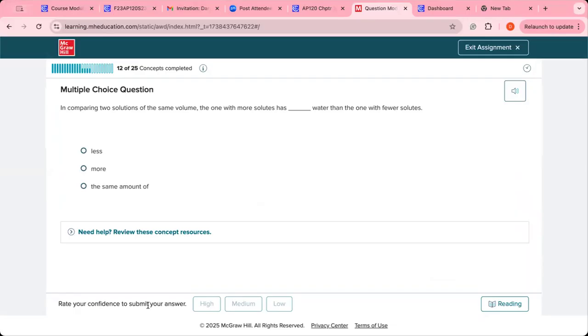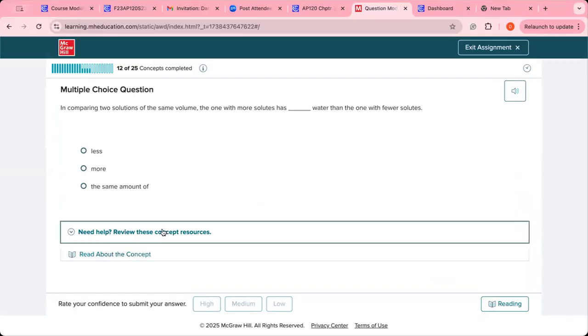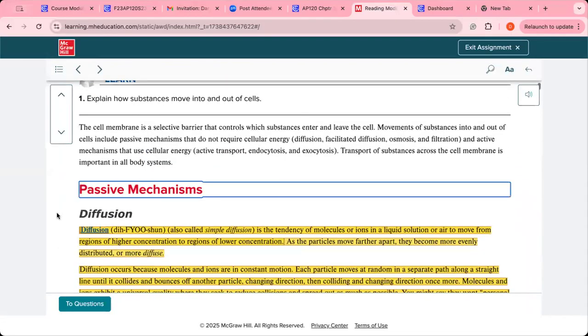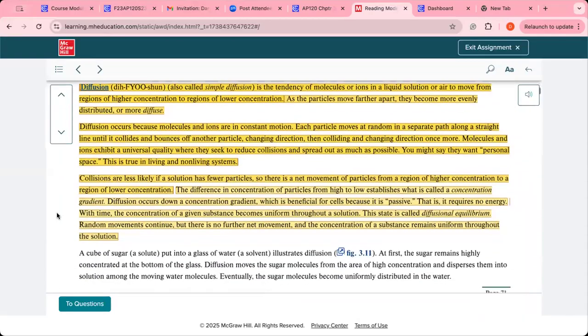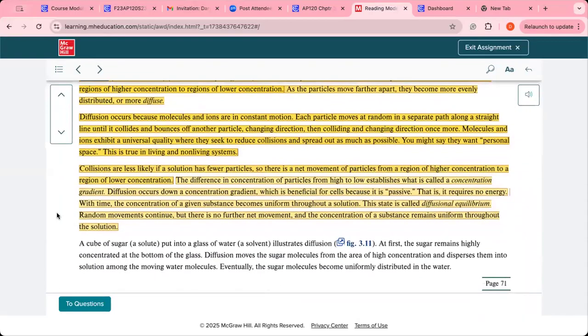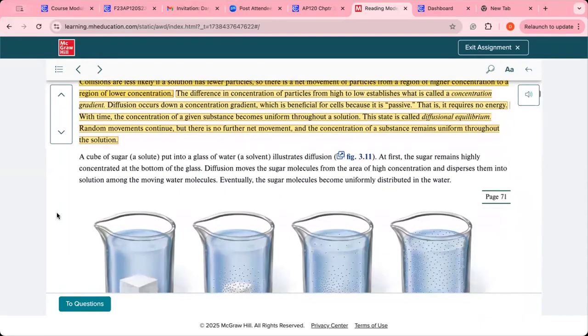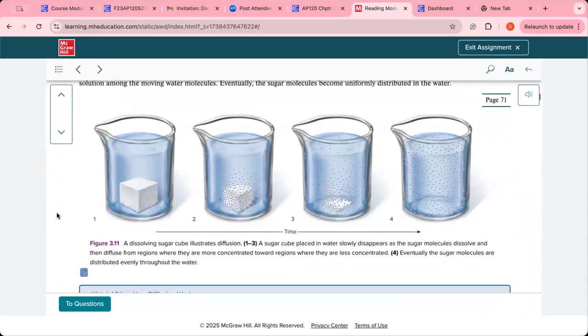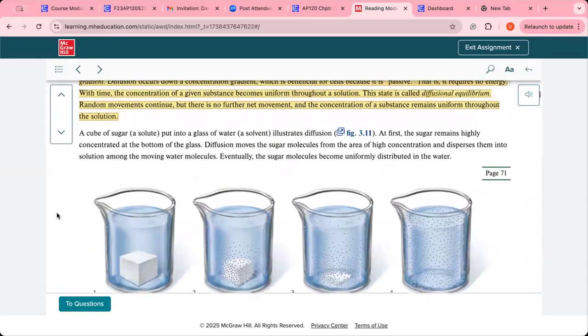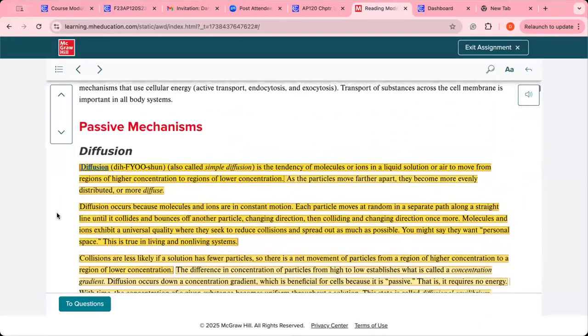What do you think? You want to read it? Let's read it. Okay. The difference in, okay. Go back up because I need to read.